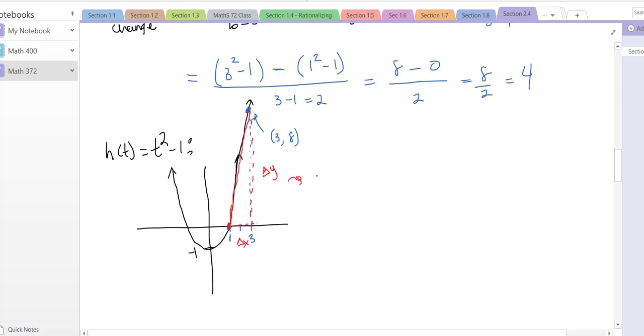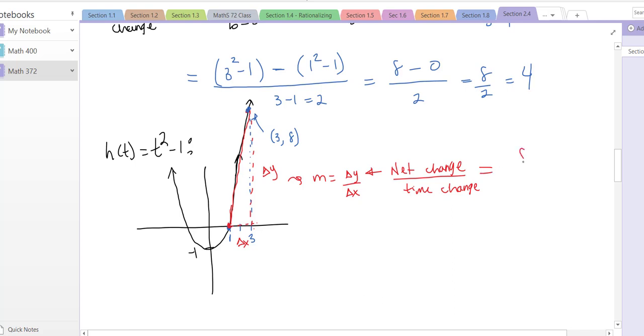Right? So the rate of change is the slope. Change in y over the change in x. And notice that the change in y is the net change. So net change over the time change, in this case, because t is time. So notice that the net change for this particular problem is 8.